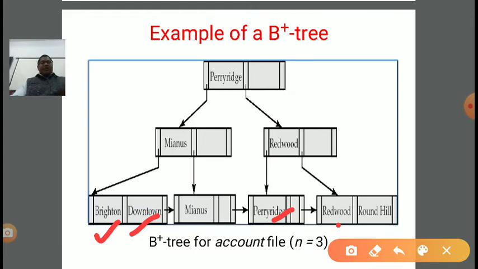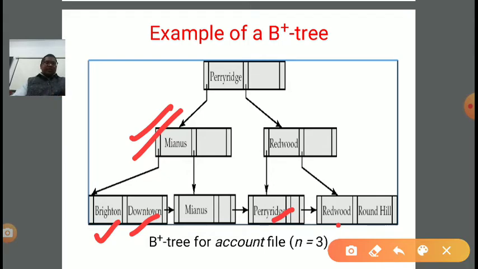Similarly, Manus's right pointer is pointing to the leaf node Minus, and that further points to Paris, right? Similarly, Redwood's left is pointing to Paris, and Redwood's right is pointing to the next leaf node Redwood, and Redwood finally points to Round Hill, right?